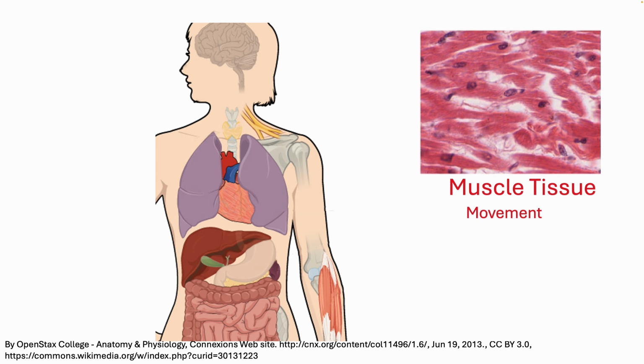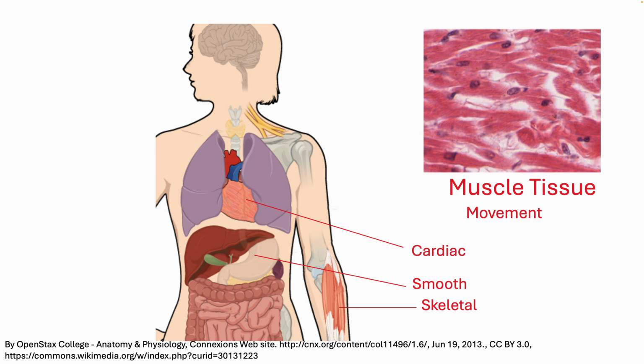There are three basic types of muscle tissue. So you have cardiac muscle tissue, smooth muscle tissue, and skeletal muscle. Cardiac muscle tissue you find in the heart, smooth you find in most of the visceral organs, and skeletal muscle you will find in the muscles that provide our skeleton with movement.